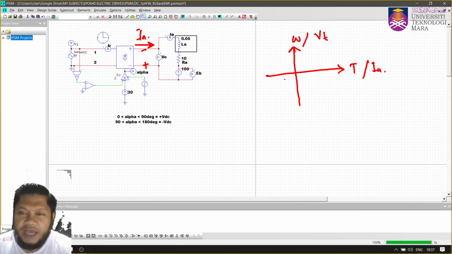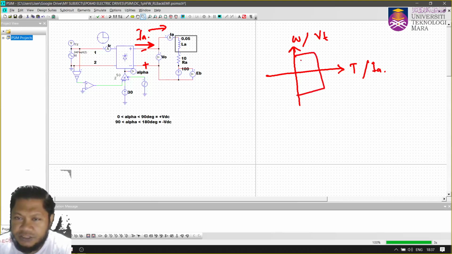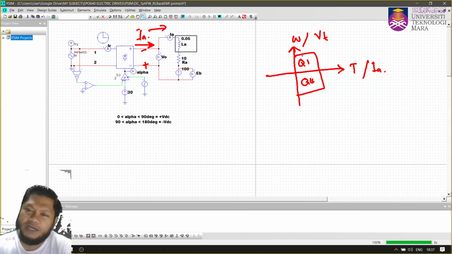When your current is still flowing in the positive direction, your voltage can be positive and negative. So you operate in two quadrants, Q1 and Q4. You have a positive voltage here, and if you operate from 90 to 180 degrees, you get negative voltage operation.